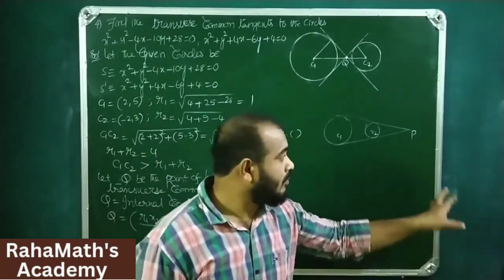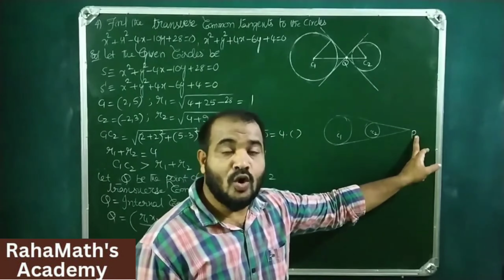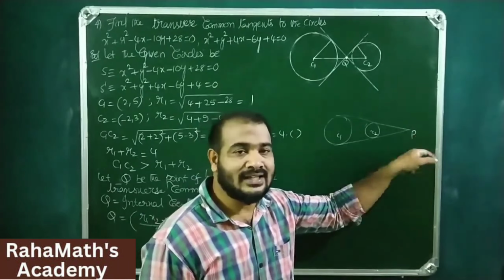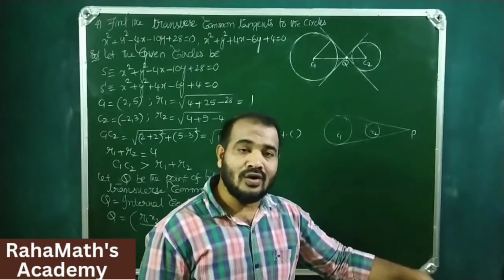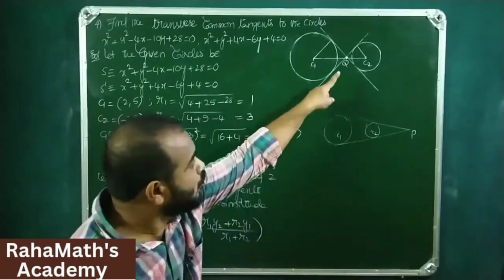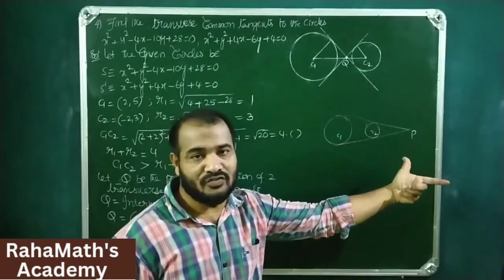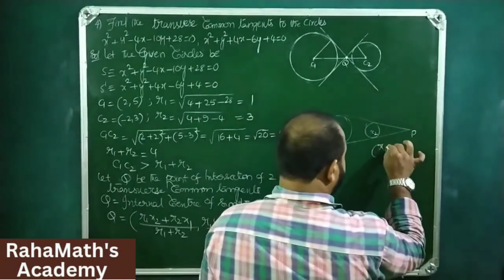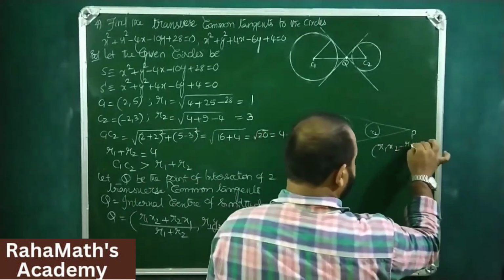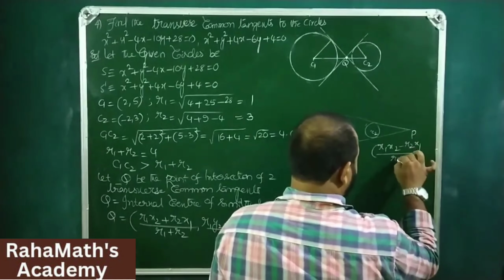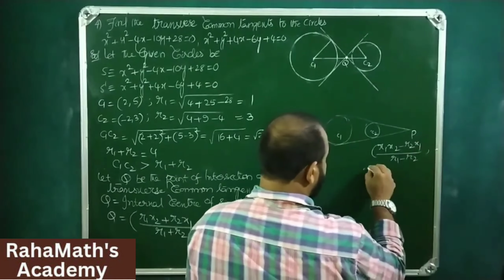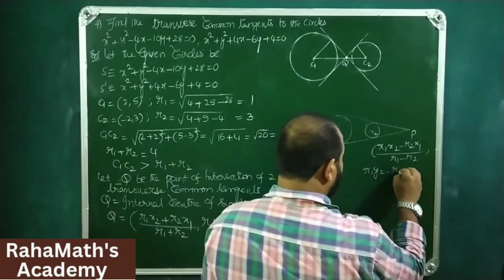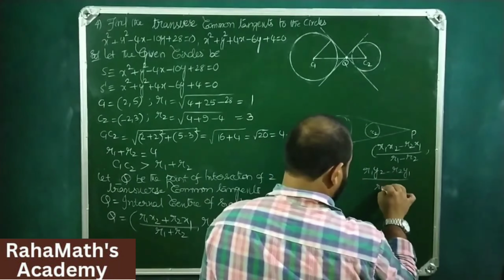In the last problem, we found this to obtain the direct common tangents. In this problem, we are finding Q, which is the internal center of similitude. As far as P was concerned, it was (R1 x2 minus R2 x1) by (R1 minus R2), comma (R1 y2 minus R2 y1) by (R1 minus R2).